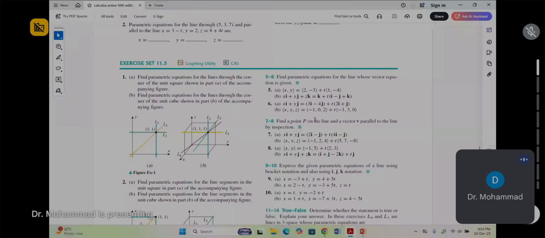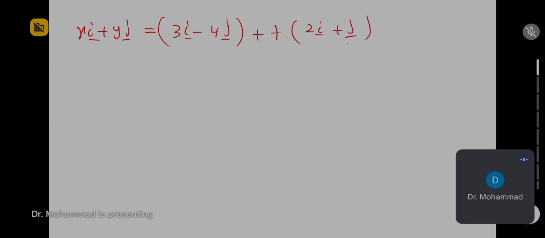Problem number 6a, for example, we have the vector equation, I mean, xi plus yj is thrice i minus 4j plus t twice i plus j. So from here, we need to find the parametric equation. So we have the xi and yj, and t times (twice i plus j).